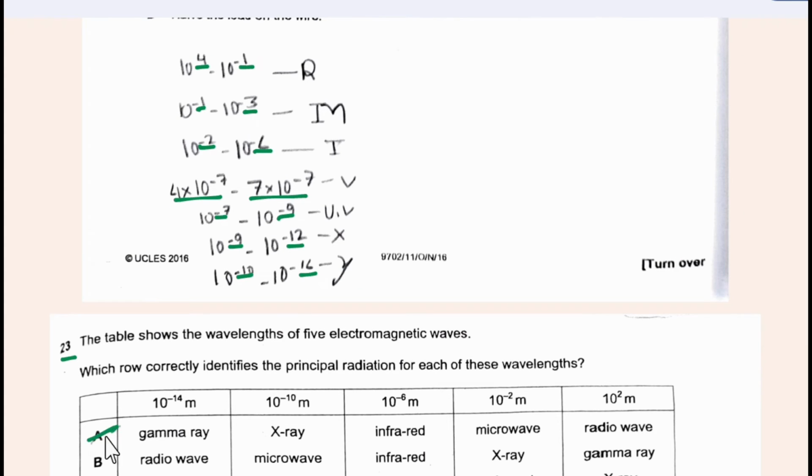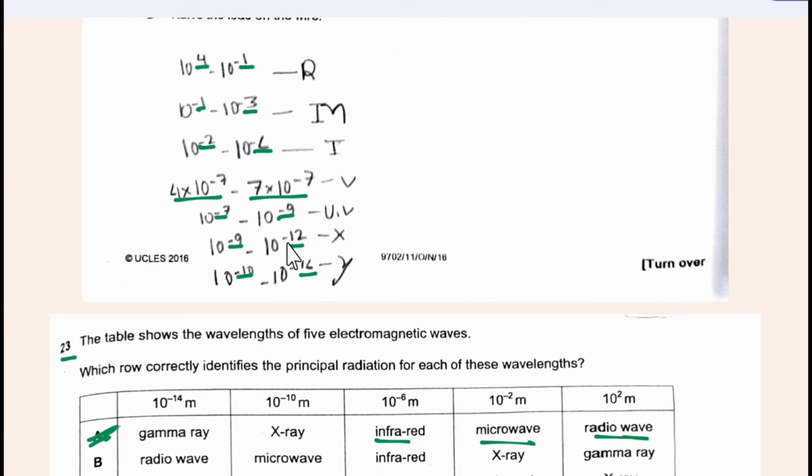Then the answer should be A. For radio waves it is 10 to the power 4 to negative 1, that is in the range of 10 to the power 2, so it would be radio waves. Then 10 to the power negative 2 is in this range, so this should be microwave. Then 10 to the power negative 6 is between negative 2 and negative 6, so it would be infrared radiation.